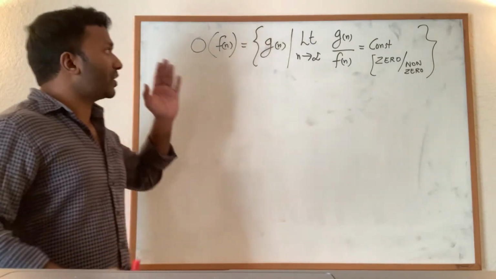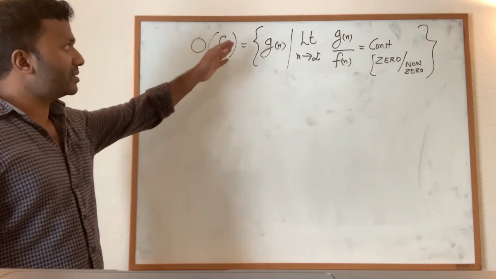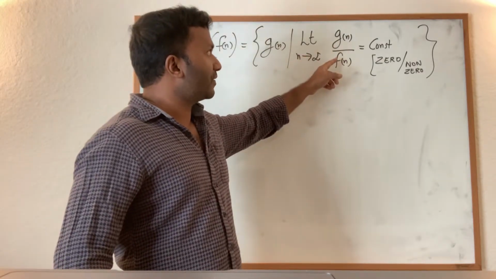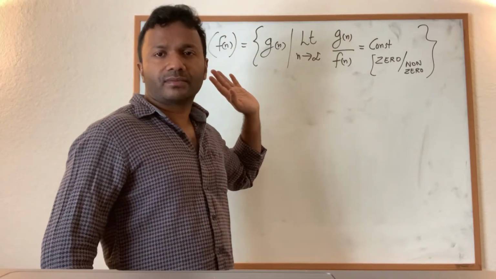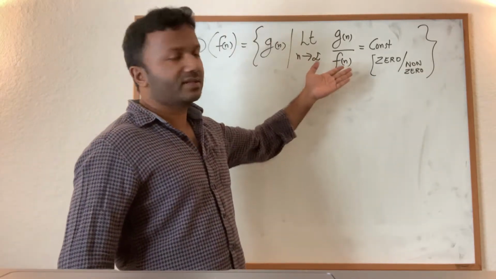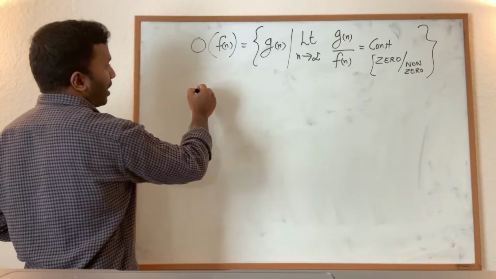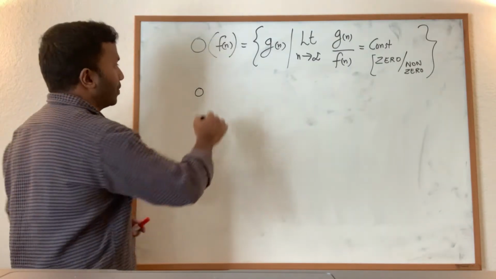Alright, so we have already seen what big O is. Big O of f of n is the set of all g of n's such that g of n over f of n tends to a constant, and the constant can be 0 or non-zero. Now what I want to show is small o.